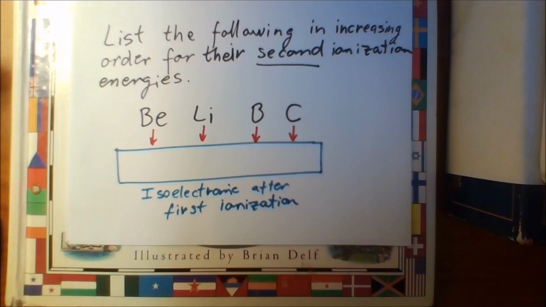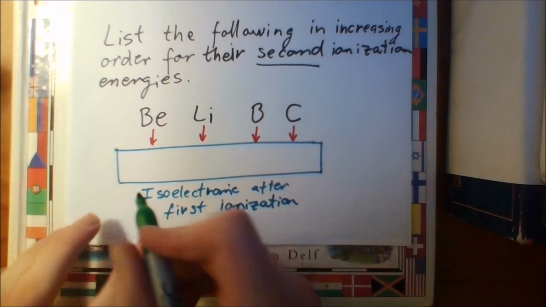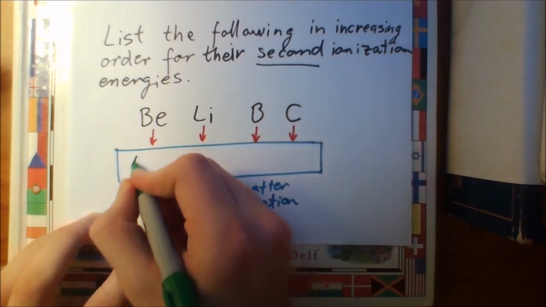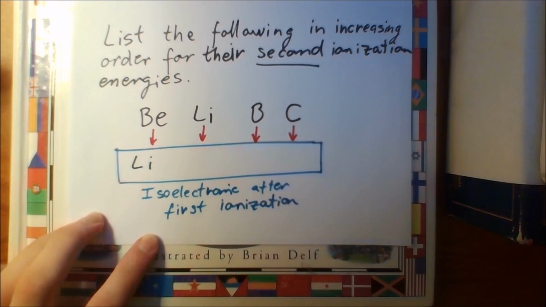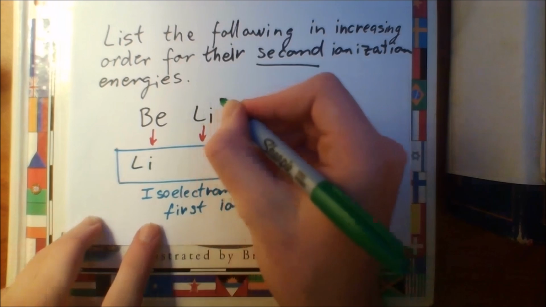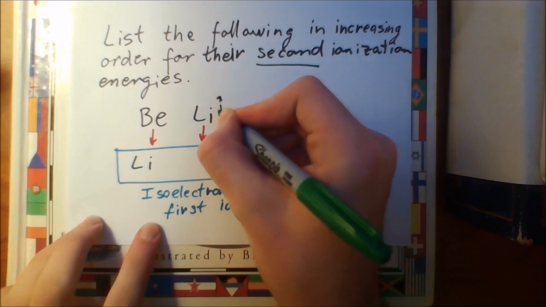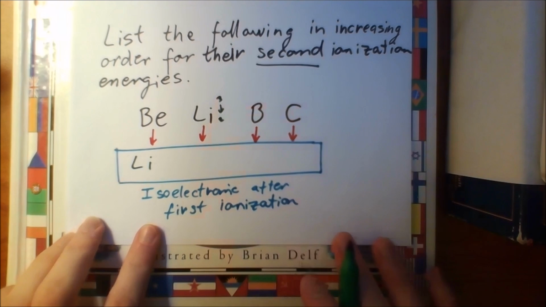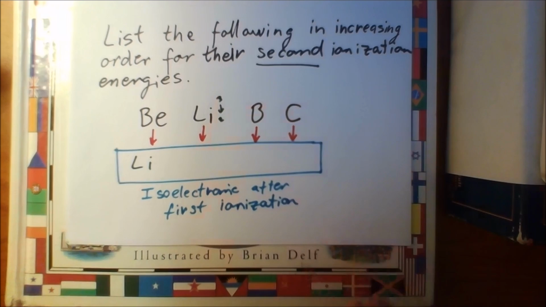So for beryllium, after it loses one electron, it becomes isoelectronic with the element to the left, which is lithium. Lithium, after it loses one electron, started with 3, lost an electron, so now it has 2. It's going to become isoelectronic with the element moving left in atomic number on the periodic table.